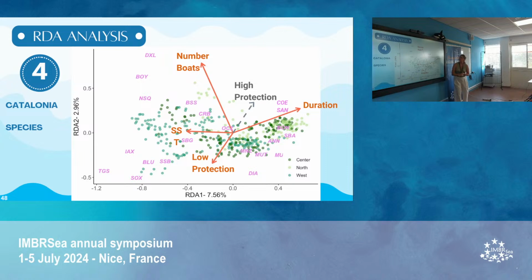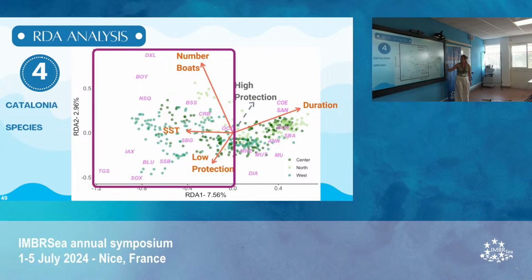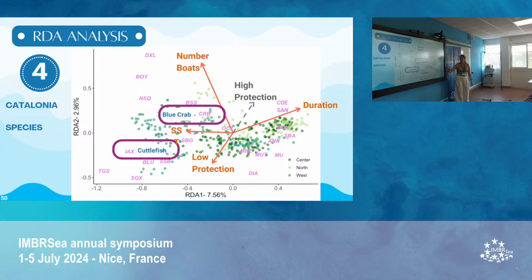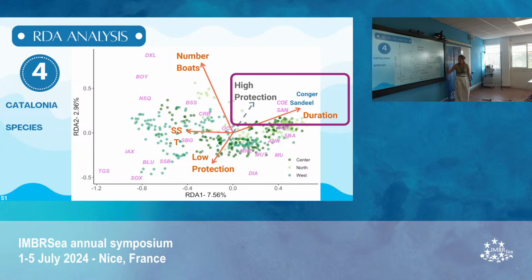So the last plot that I have for you is the species of Catalonia. And we can see that the number of boats, sea surface temperature, and low protection also have a lot of the species represented here. And that sea surface temperature is positively influencing these two species that have literature to back up their increase.